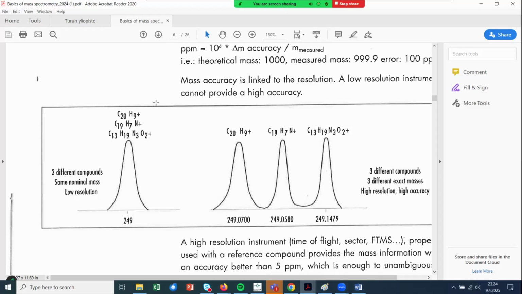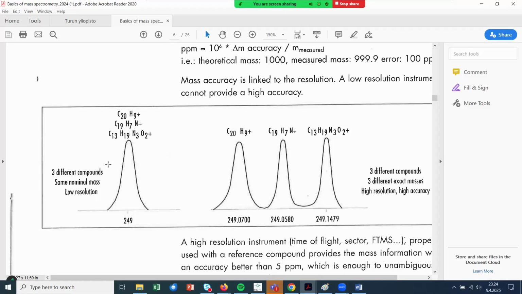In case we have low resolution instruments, then in a non-optimal situation, we could have only one peak in the mass spectrum, but within the same peak there can actually be three different types of structures, three different types of molecules.